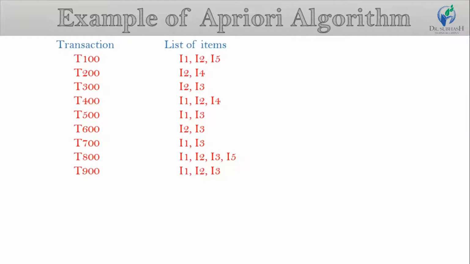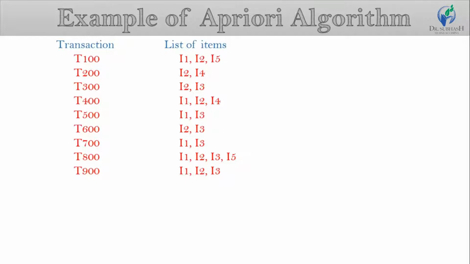Transaction T200 includes I2 and I4 items. Transaction T300 includes I2 and I3 items. Transaction T400 includes I1, I2, and I4 items.